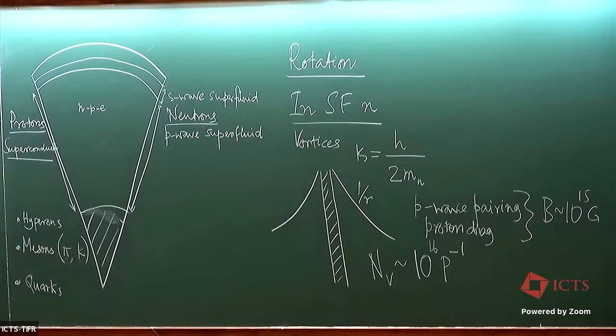So the superfluid has a rotation speed which is simply decided by the density of vortices. If the density of vortices have not changed, then there is going to be a relative circulation velocity between the vortices and the background superfluid.